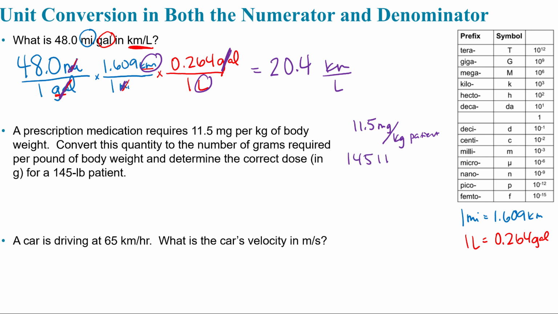Okay, and then I have this. So when you're given two numbers, I used to get really confused when I was first learning chemistry of which one to start with. And then it dawned on me what I had been doing wrong. So when you're doing this, you always start with the number that does not have a unit in the denominator. Okay?